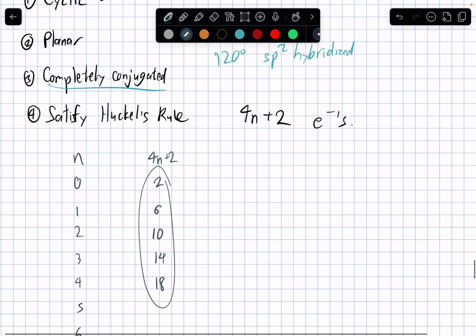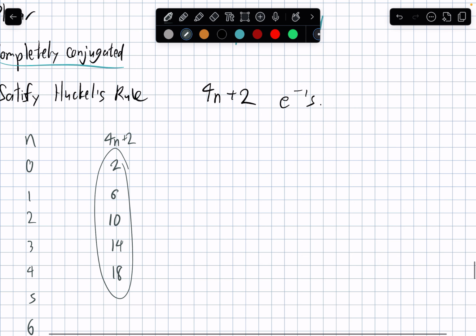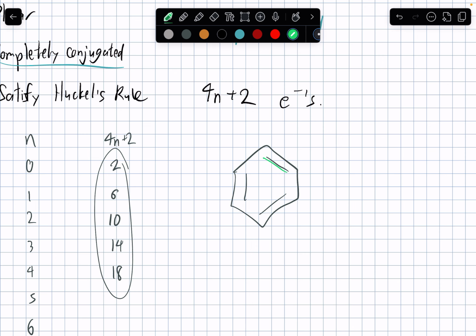How do you count the number of electrons, by the way? Let's have benzene as our basic example. You just count the ends of all of the pi bonds in the ring. So these lines, count their ends, 1, 2, 1, 2, 1, 2, overall 6. So this satisfies Huckel's rule. Okay, that's how we do it.